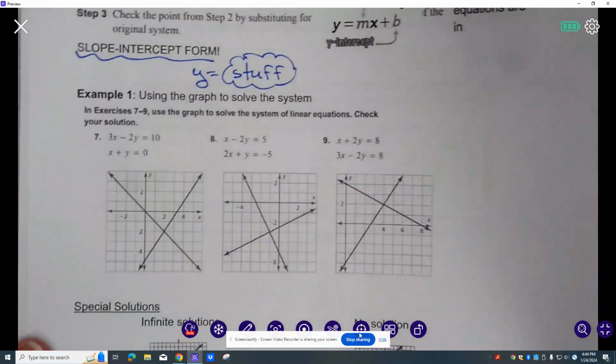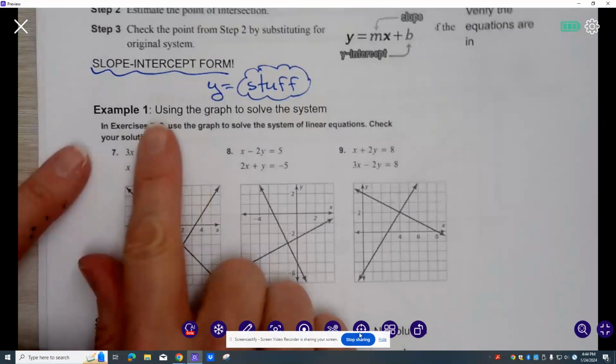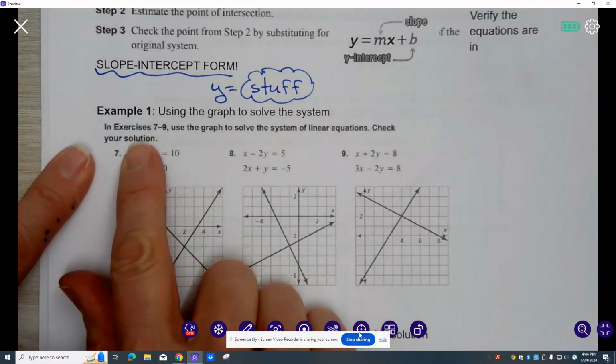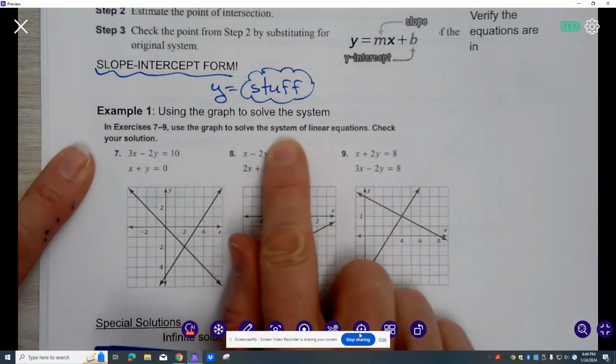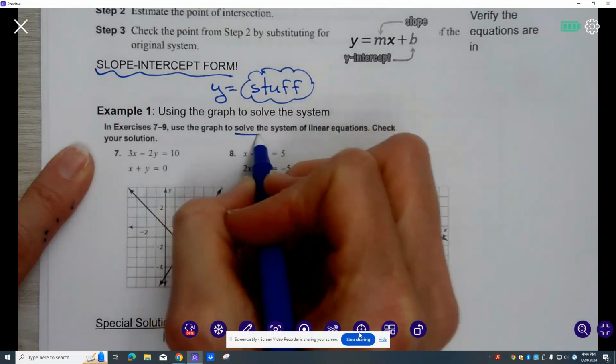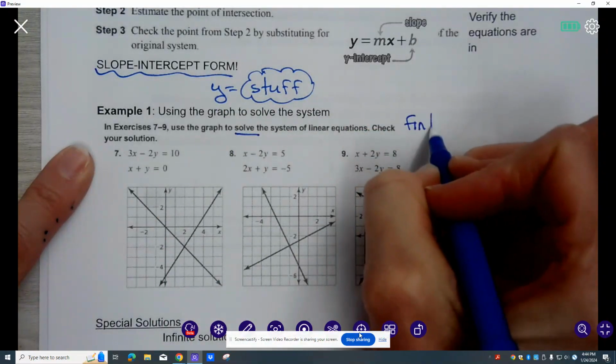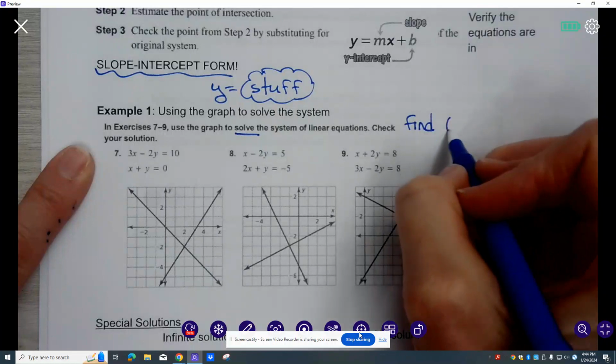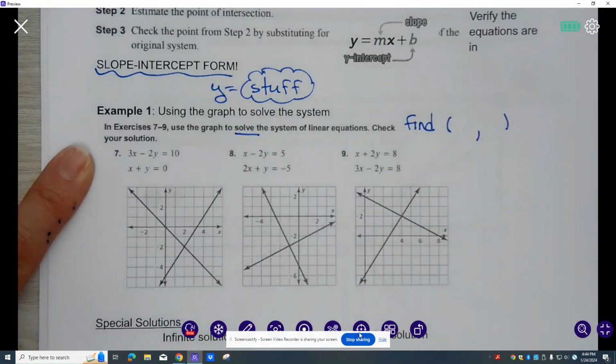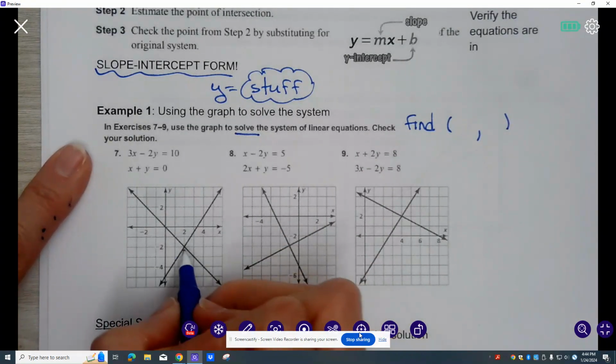Now example 1 says, use the graph to solve the system. In exercises 7 through 9, use the graph to solve the system of equations. So we want to find that coordinate point where the 2 lines intersect. And then it says, check your solution. So here are my 2 lines. They already graphed them for me.